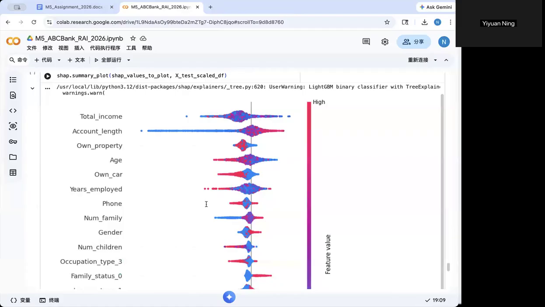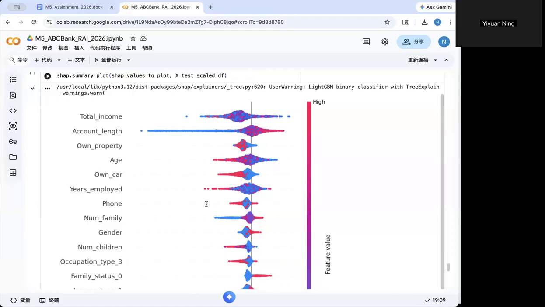In the plot, each dot represents one sample. Points on the right increase the predictions for the positive class, while points on the left decrease it. Red indicates higher feature values and blue indicates lower feature values.